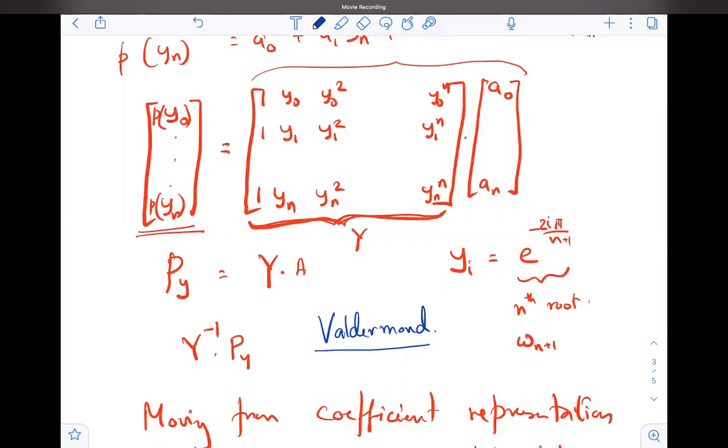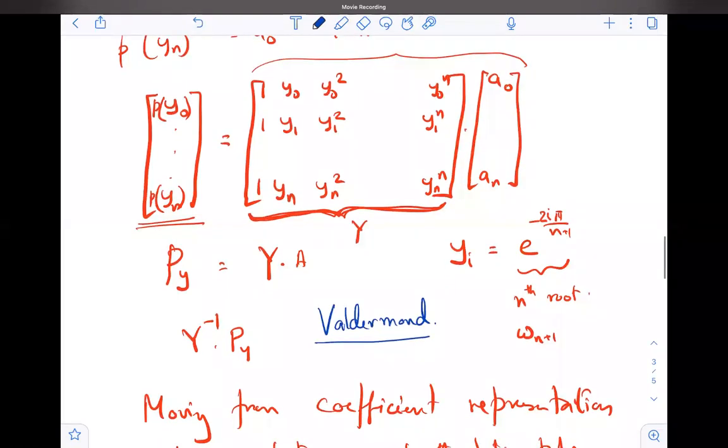That is a VDM matrix. We learned it in probability and linear algebra, in the context of determinants maybe. Okay, good.